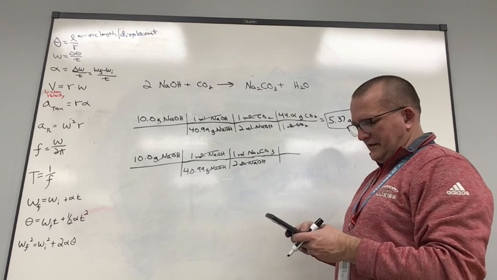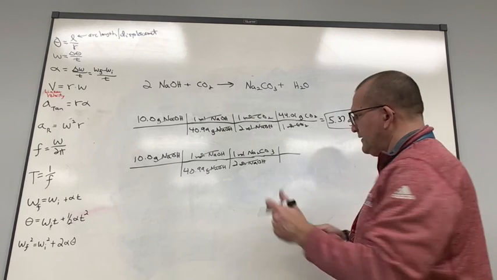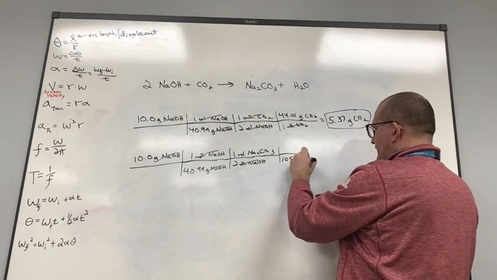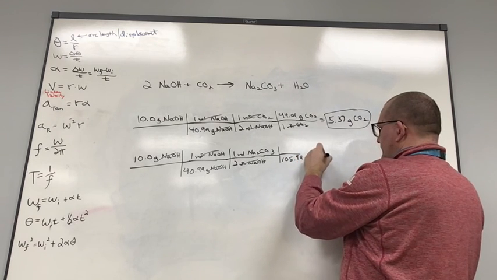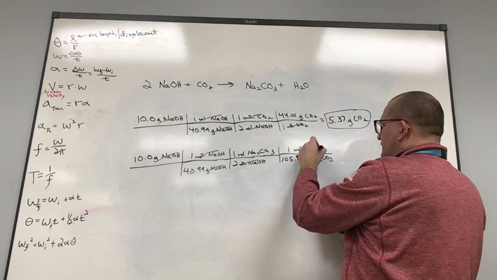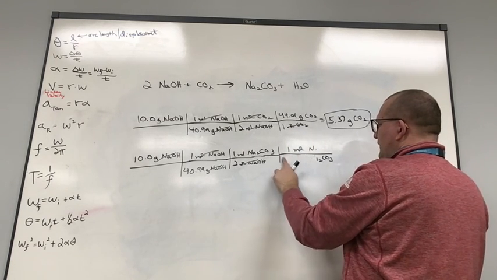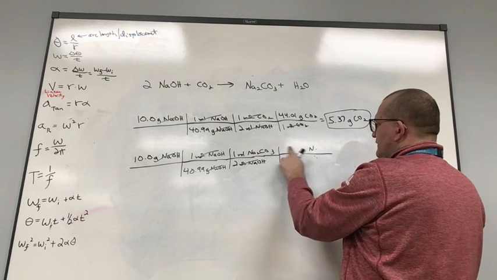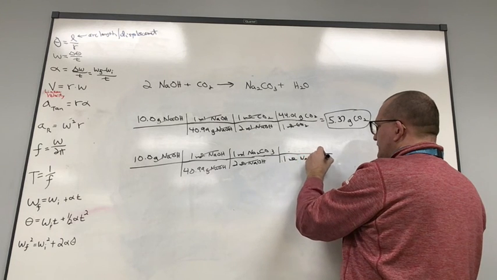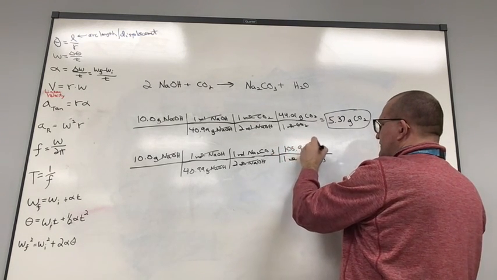Then we add to that 16 times 3 because there's 3 oxygen. So the molar mass is 105.99 grams of Na2CO3 in 1 mole. I'm sorry, did it backwards. You're going to multiply. I want to go 1 mole of Na2CO3, and I want to multiply by 105.99 grams of Na2CO3.